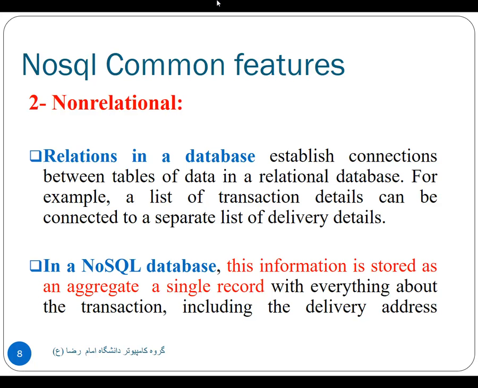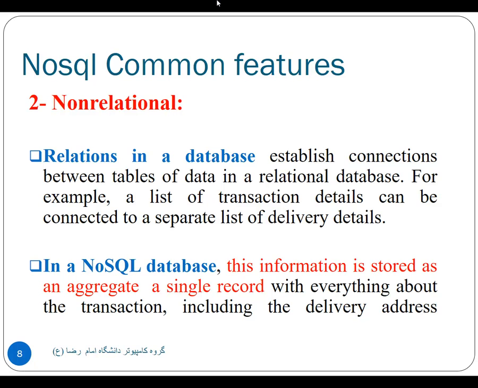In a database, the tables may have some relations with each other. There are some relations between tables in a relational database. For example, in an online store, a list of transactions could be connected to a list of deliveries.